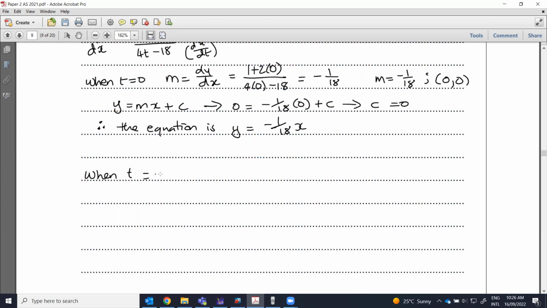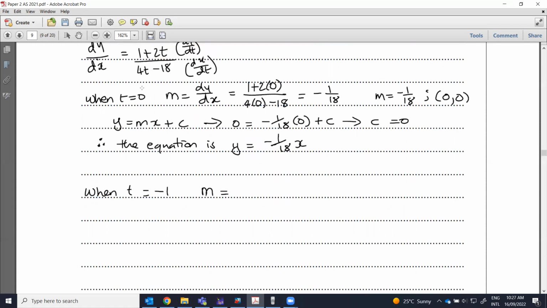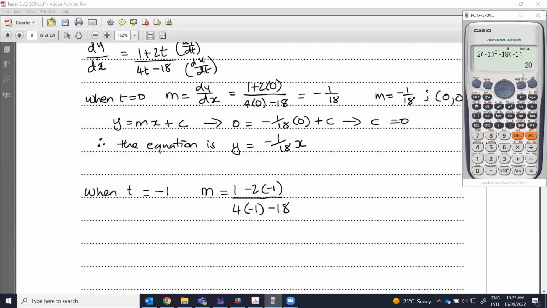is minus 1, we can use what we call the one-point gradient formula. So we need our gradient m. To find the gradient, we substitute minus 1 here: 1 minus 2 times minus 1 over 4 times minus 1 minus 18. I'm just going to type it in exactly the way I have it.